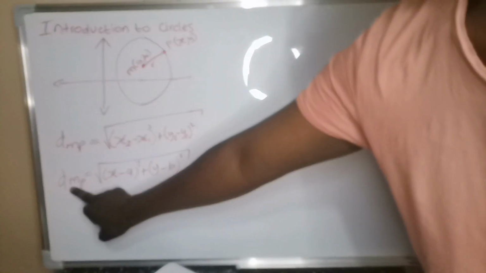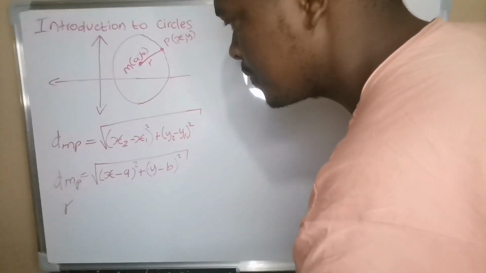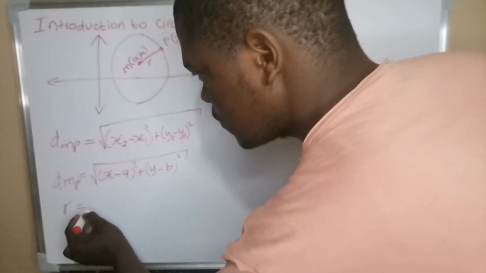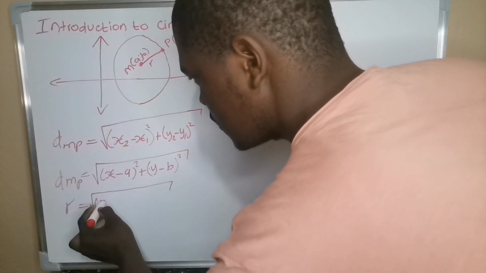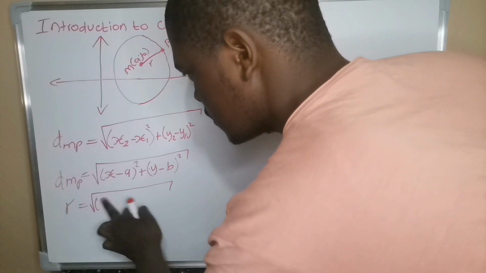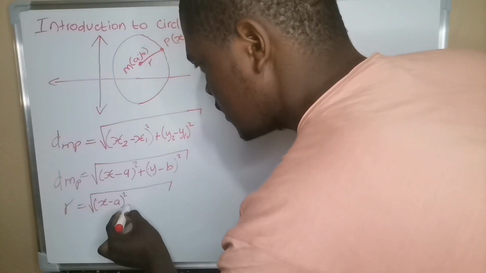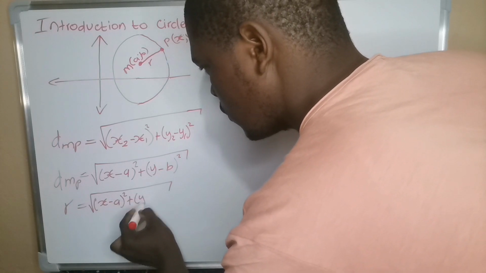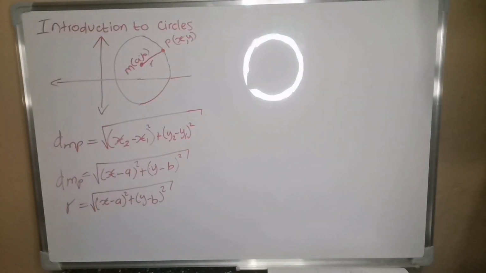Therefore, I'm going to substitute where I see distance from M to P. I'm going to say r is equal to the square root of x minus a squared plus y minus b squared. Then I remove this square root on both sides by squaring both sides.